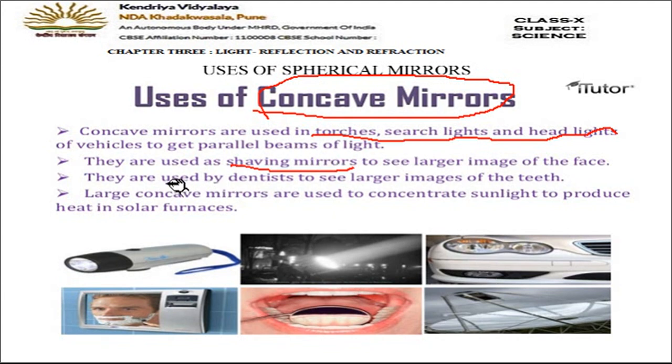It is also used by dentists to see larger images, because it gives large, virtual and erect images. Then concave mirrors are used to concentrate sunlight to produce heat in solar furnaces. Solar cookers have concave mirrors because concave mirrors are converging mirrors. They converge the light at one place.